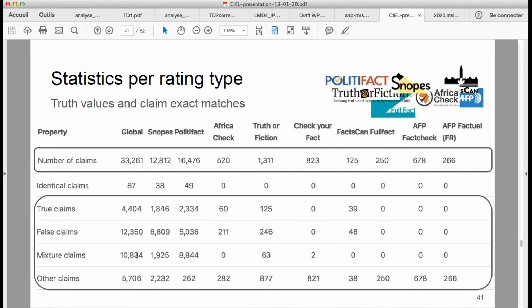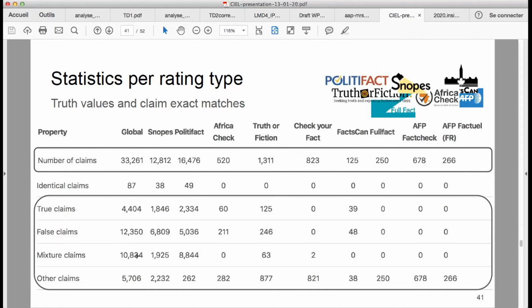This is probably something that comes quite naturally from the properties of the sources that we are harvesting data from, meaning that fact-checking organizations are often interested in controversial claims, which in many cases turn out to be false. And here I'm opening yet another parenthesis, but I think this is an important point to mention. There is a significant bias coming from data which has been harvested from fact-checking portals.